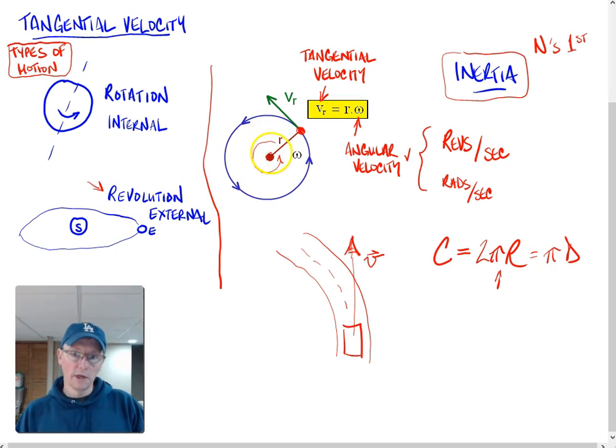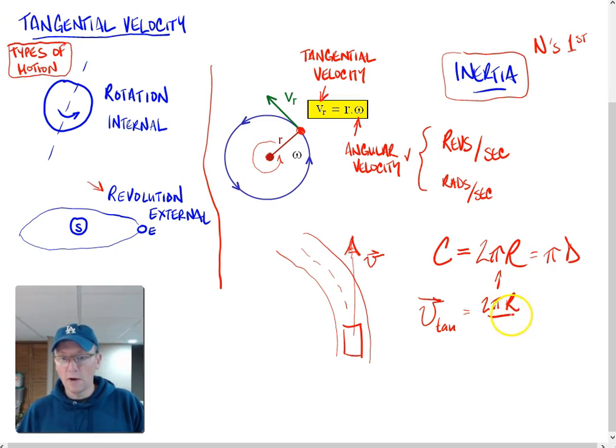So here's the question. If I know how long it takes to go around one revolution, and I know the distance it takes to go around, I can find the tangential velocity. And so I like to write this like so: v equals 2 times pi times r over the time that it takes to go around. This is not on the formula sheet because it's really just logical.